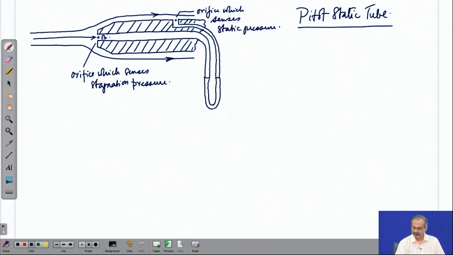one of the pressures will be distinctly higher than the other. The higher pressure happens to be the stagnation pressure, which is measured by the orifice which is at the tip of the pitot-static tube, and thereby the manometric fluid will be lower on that limb of the manometer.